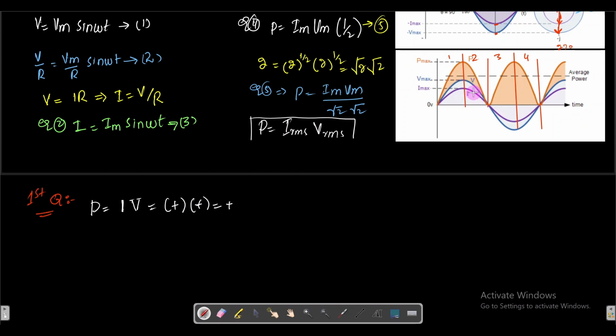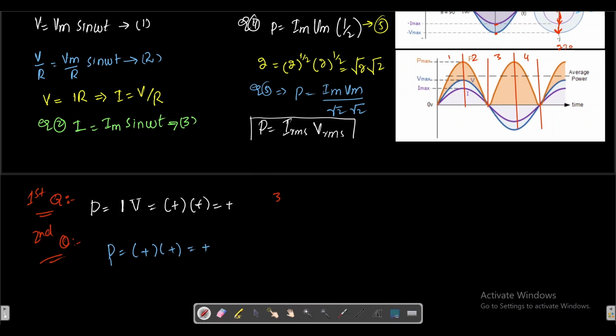And similarly, in the second quadrant, the value of the current is positive, and the value of the voltage is also positive, so it will also give us the positive value.